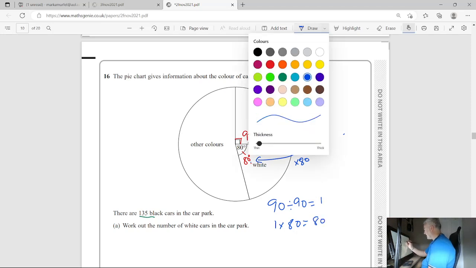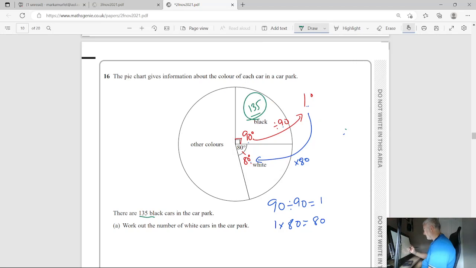So let's put my figures in now. We know that's 135, so 135 divided by 90. I'm going to put it into the calculator. 135 divided by 90 gives me 1 degree, and 1 degree is going to equal 1.5 or 3/2. So let's leave it as 3/2 for now.